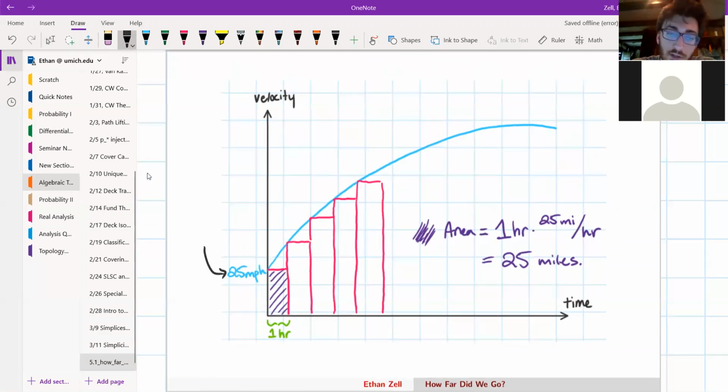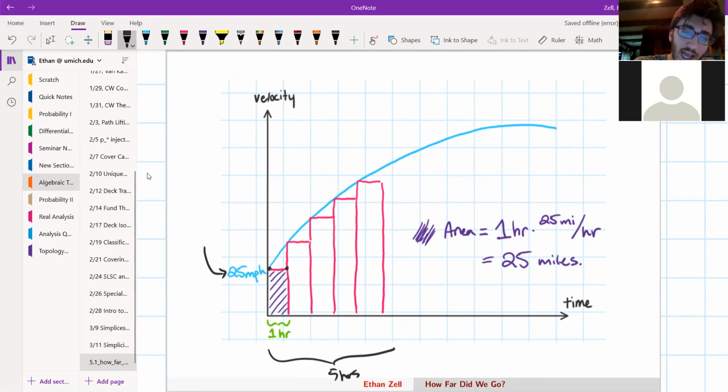Say at the very bottom there, it's 25 miles an hour, and then I've divvied up my trip of 5 hours into 1 hour each, right? And then I'm saying that at my first hour, I'm just going to assume that I'm driving at a constant rate. And I know I'm not, because my blue curve is not constant over the first hour. But I'm just going to assume that.